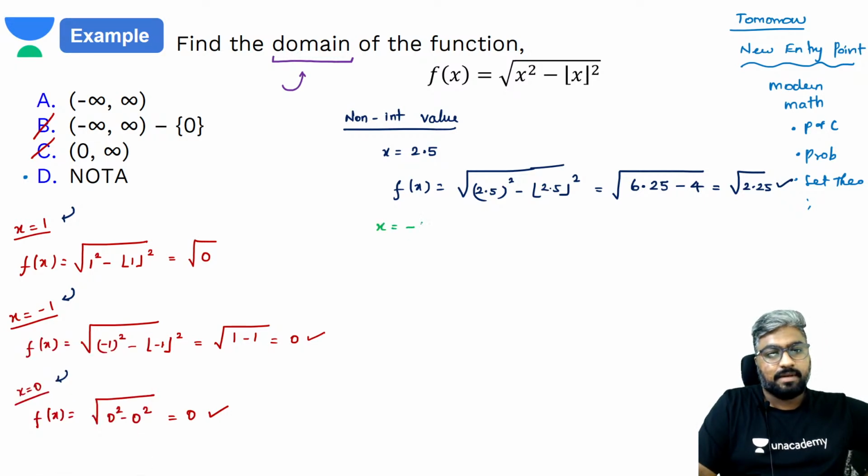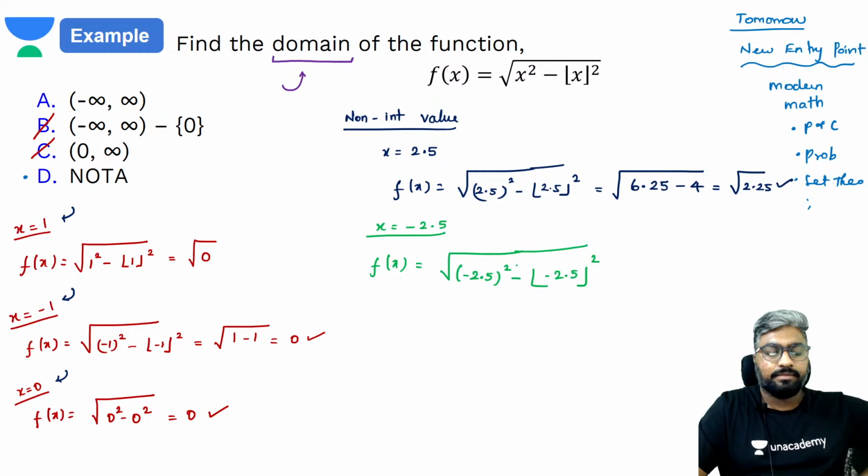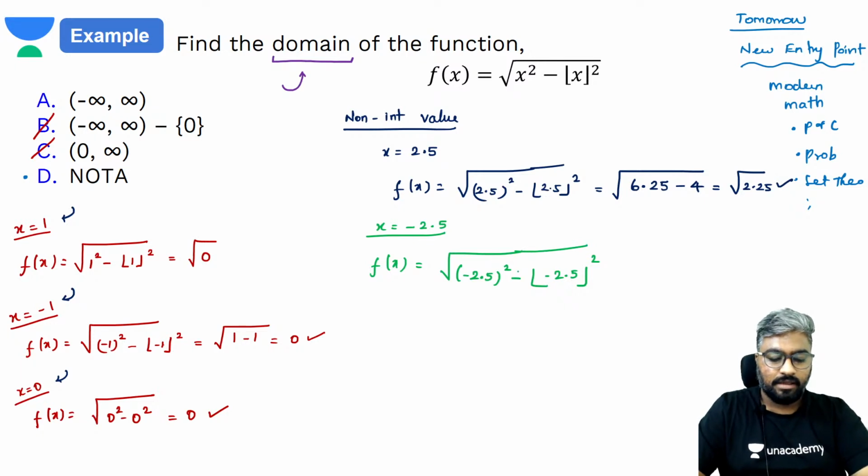If x is minus 2.5, what will happen? f of x will be square root of (-2.5) square minus greatest integer of -2.5, squared. Agreed, guys?